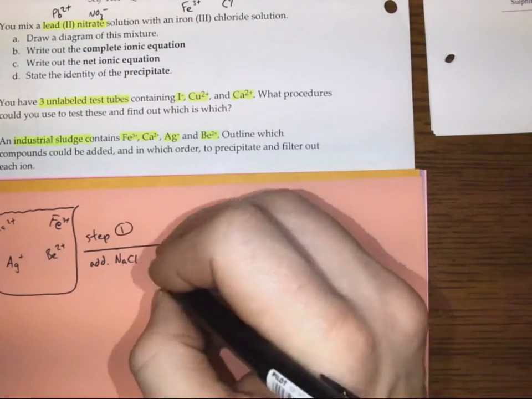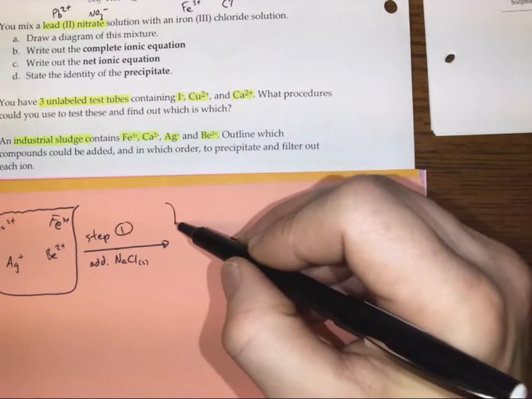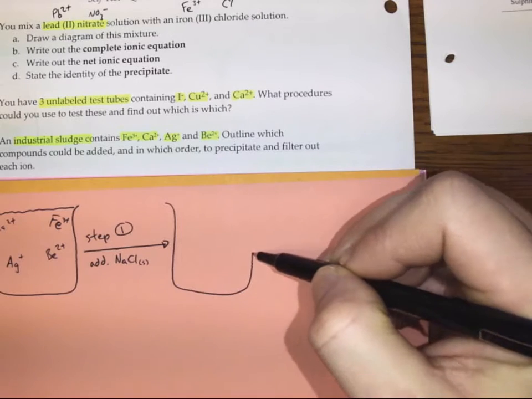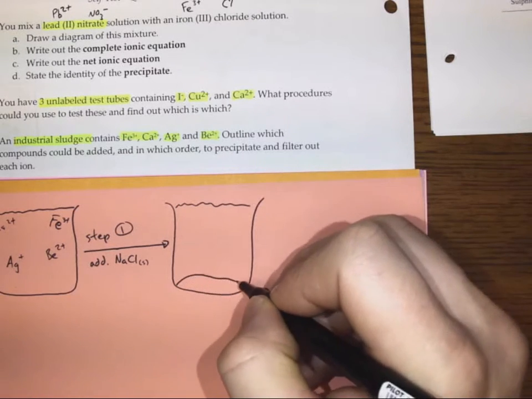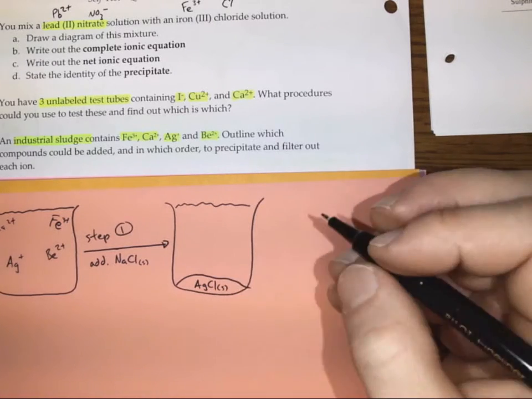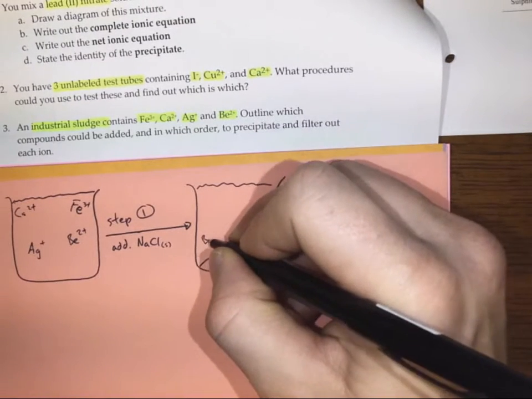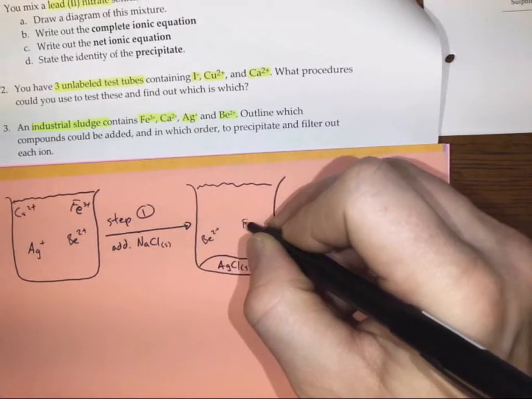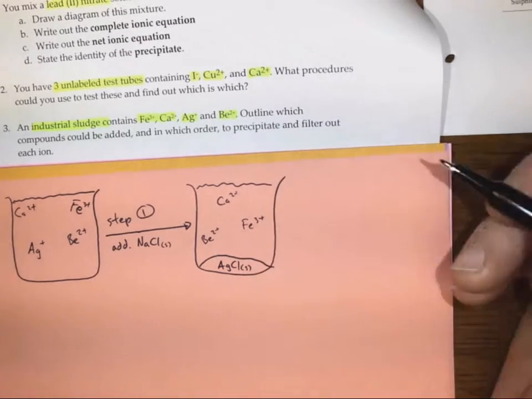So add a sodium chloride compound. Okay, and then as a result, we get silver chloride at the bottom, solid, pardon me, and we have these other guys still floating around in the solution. All right.